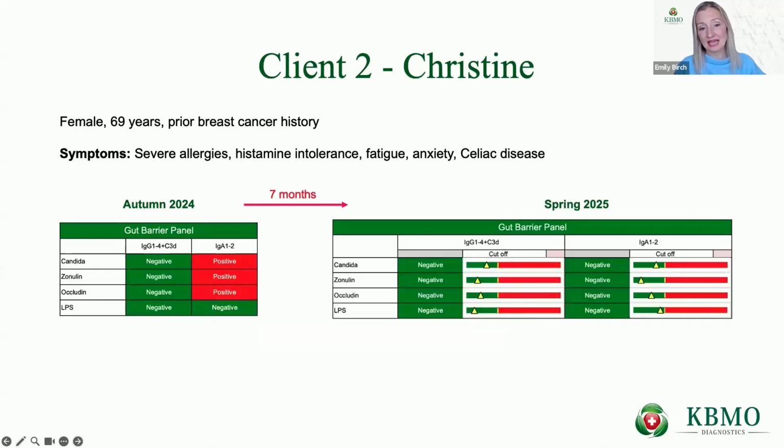Seven months later, after being looked after, she did the gut barrier panel again, and you can see that we had some really great success. Nothing is positive anymore. Everything is now in that green negative section, which is really testament to two things.